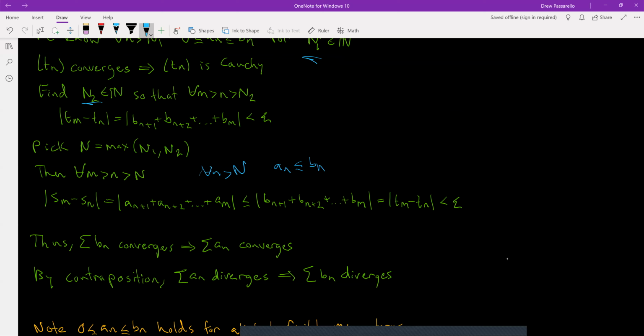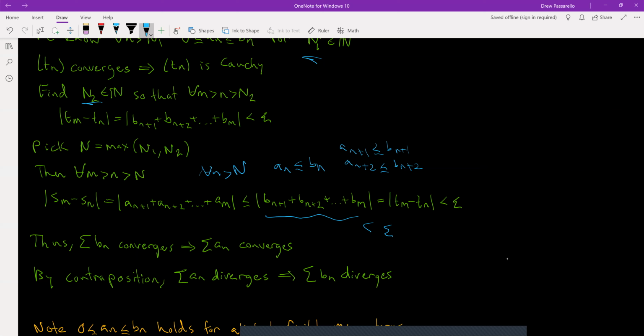And so a_{n+1} is going to be less than or equal to b_{n+1}, a_{n+2} less than or equal to b_{n+2}. So the sum of all of these is going to be less than the sum of the other ones. So therefore, and we know this is less than epsilon.